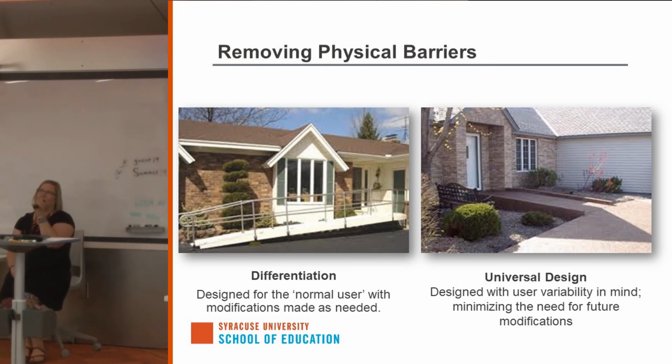So, I'm just going to repeat, the house on the left has been retrofitted, so it's an add-on that was added later, and the house on the right has been designed from the start thinking that the entrance should be accessible. And that's how we think about universal design, right? The house on the left was built for this evasive, and we'll get to that soon, normal user, and then the ramp was added on. The house on the right was designed like that from the start.